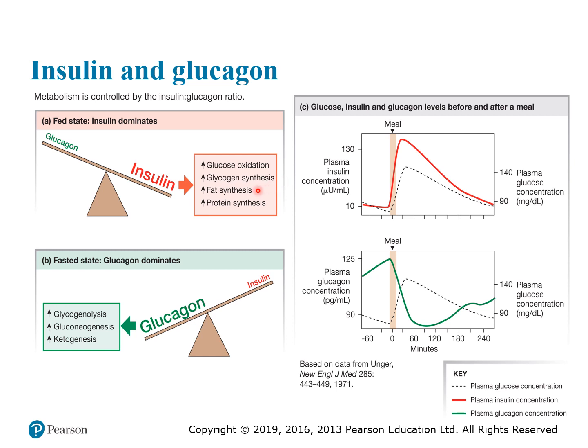If you have too much glucose in your bloodstream, insulin is going to increase the fat synthesis process.